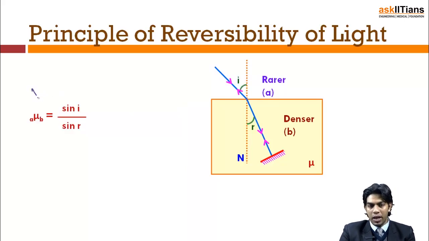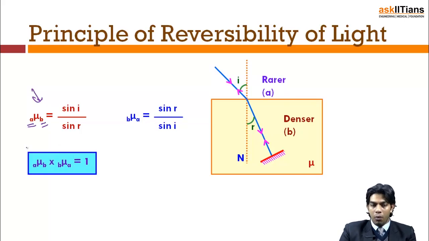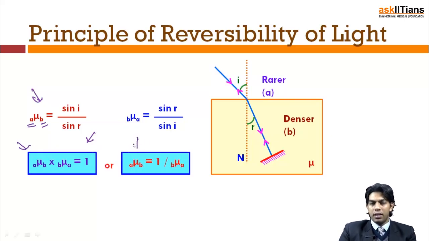That is, A mu B is equal to sin i by sin r. Remember, I am comparing media A and B. So the light from A is entering B, so A mu B is sin i by sin r, or B mu A is equal to sin r by sin i. Now, all of us know that A mu B multiplied by B mu A is equal to 1. So the product of these two is 1, or one is the reciprocal of the other.